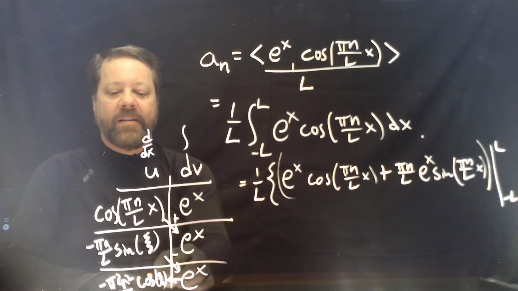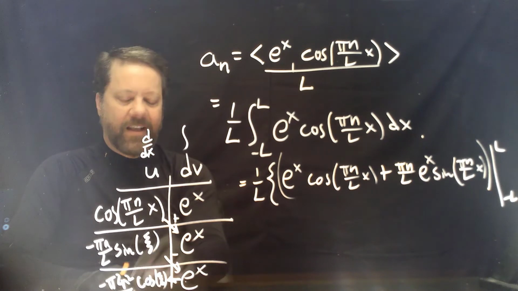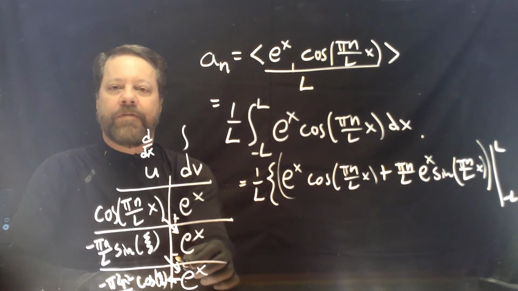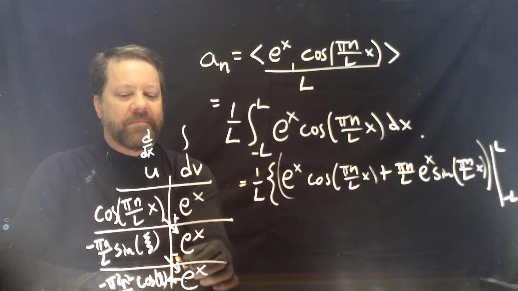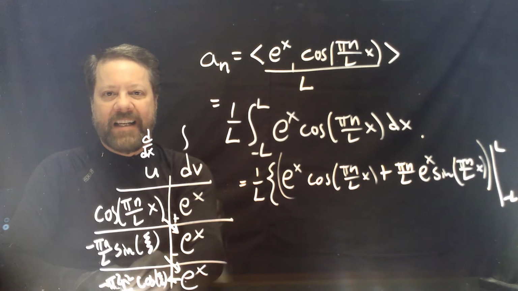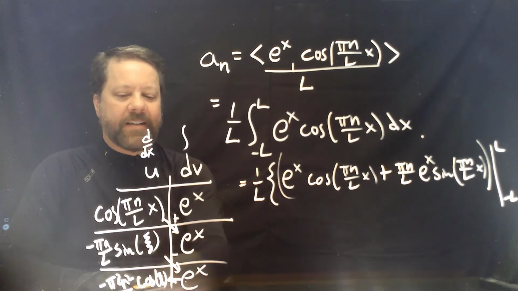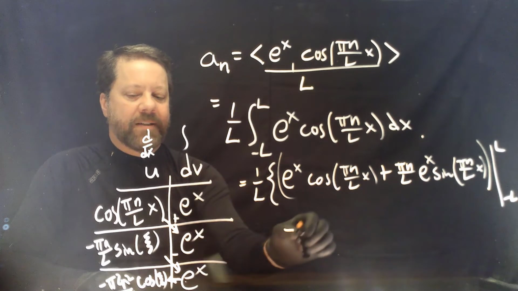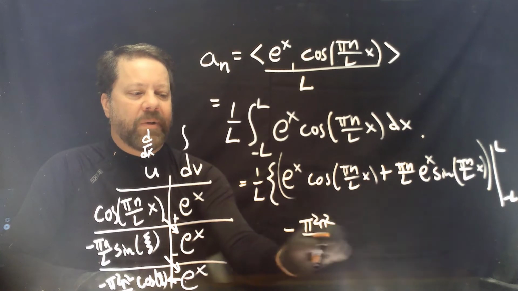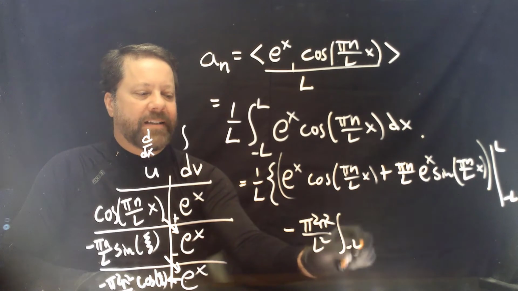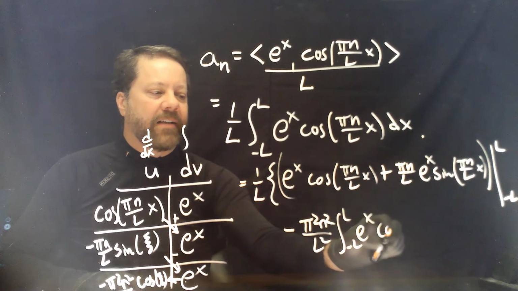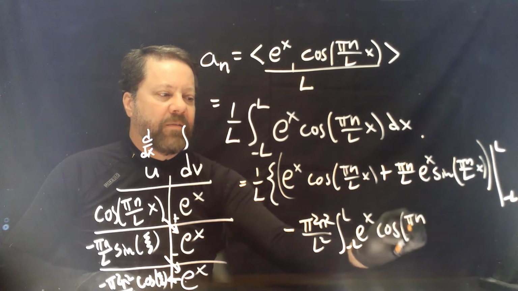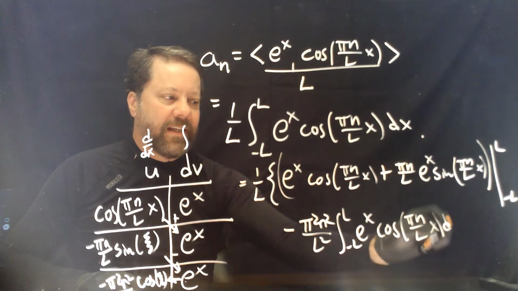You subtract the integral of the product of the last two, but you affix the previous sign. So if I subtract a negative, it's going to be positive, but then I have to affix the previous sign, so I still get a minus pi squared n squared over L squared, integral from minus L to L, e to the x cosine pi n over L x dx.